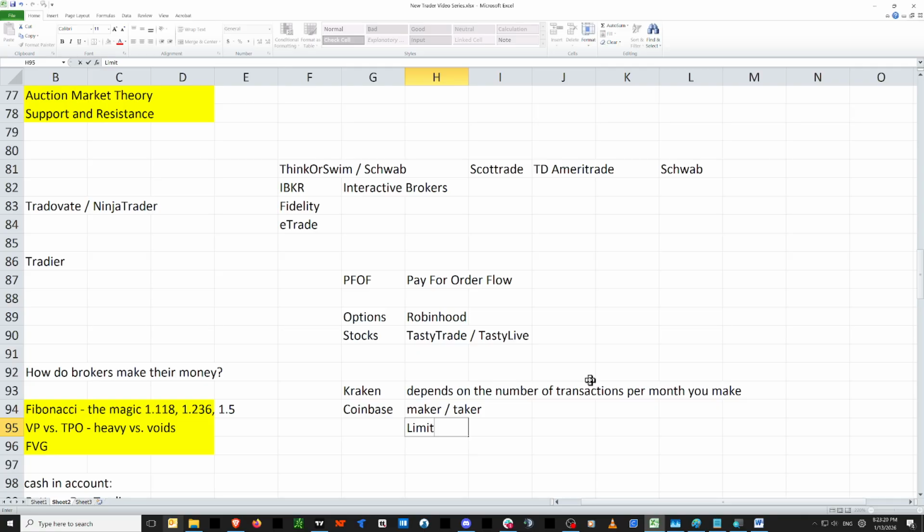If it gets to 220, and your order's just sitting there, hours to days to weeks, it's just sitting on the books. And if it ever gets to 220, bam, your order hits, and you sold your Solana for 220, making 10%. Okay, that's called being a maker.